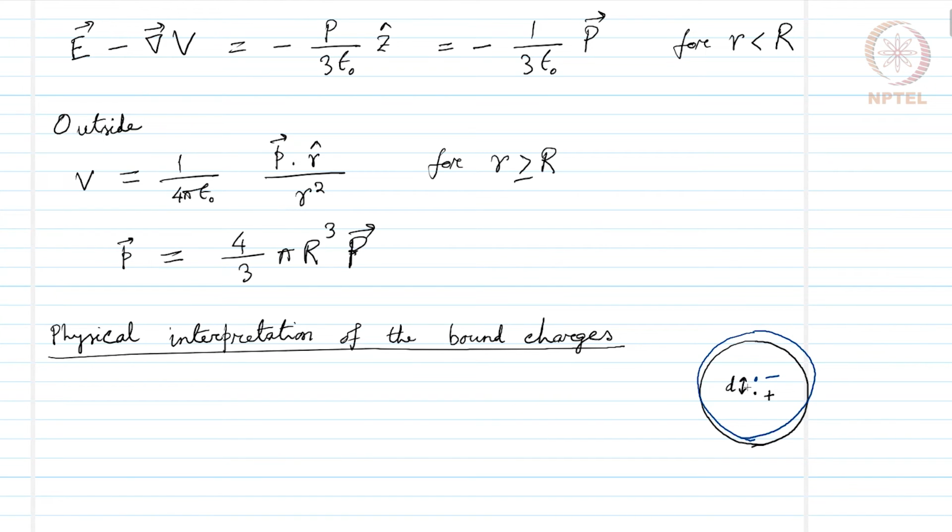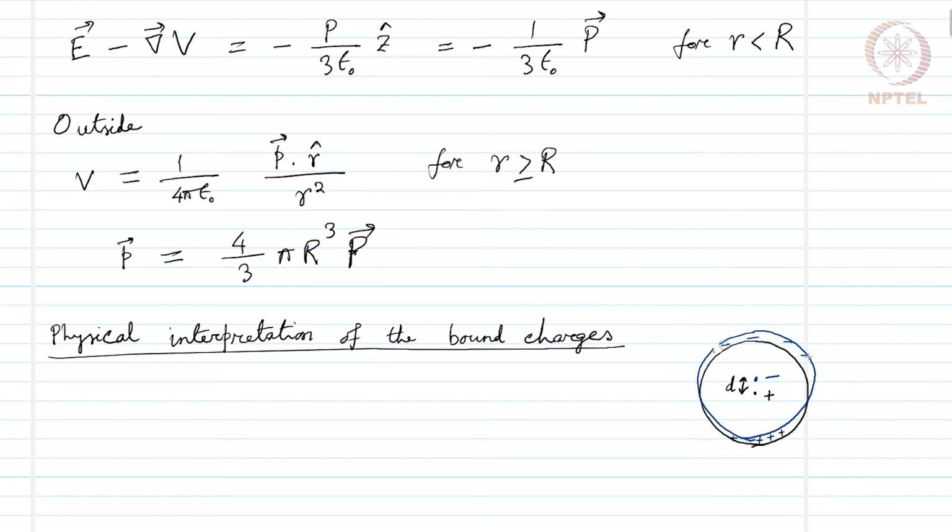then that develops a polarization within the material, and in this part of the material we have an excess of positive charge, and in this part of the material we have an excess of negative charge. That kind of a situation happens.